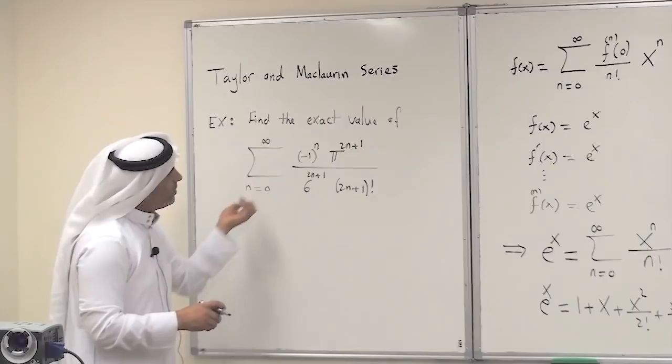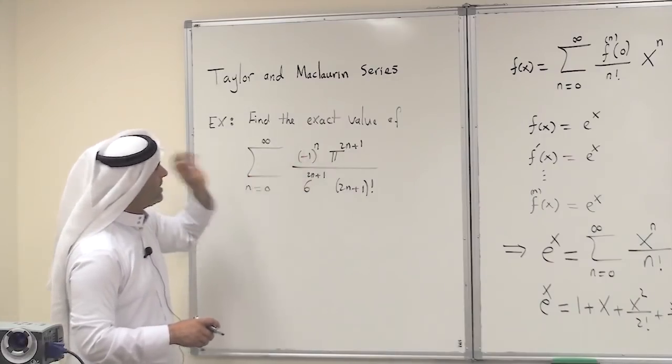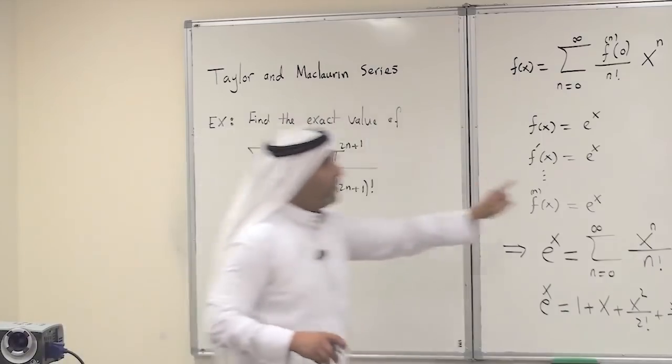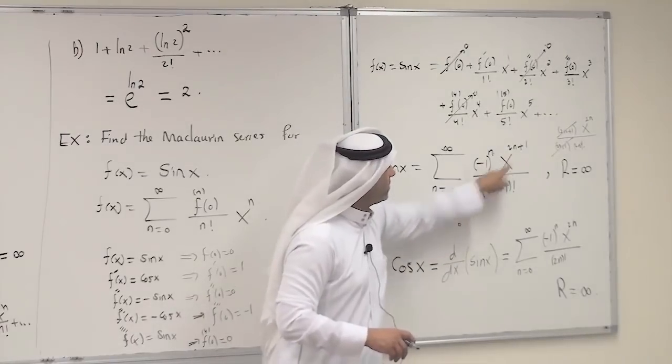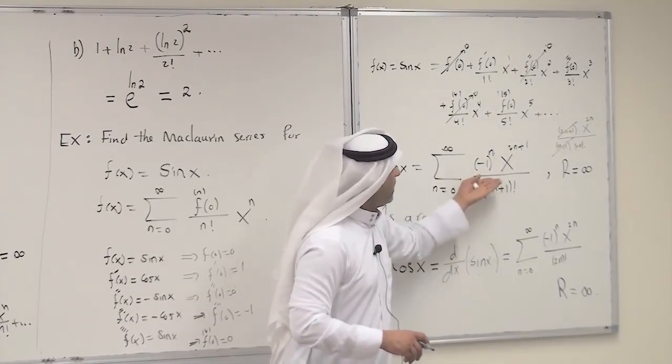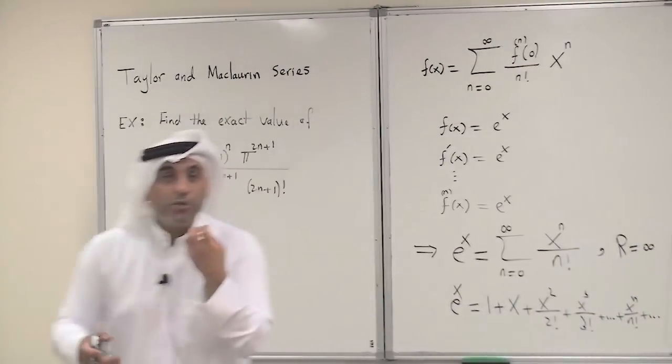It is not straightforward to get the answer unless you figure out this, or you just consider this one as a special case of the representation we have here for the sine. You can see it is similar to the sine function here. And then you just try to figure out what is the value of x substituted here.